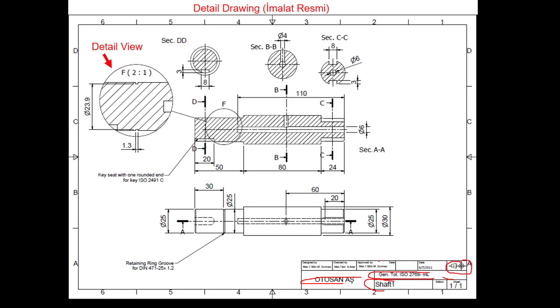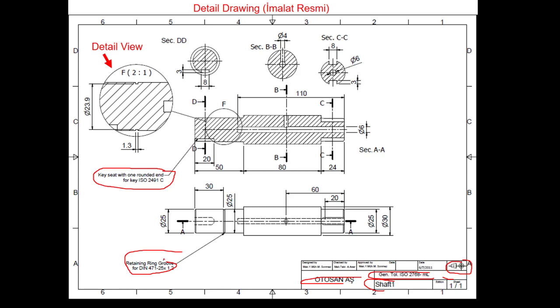Okay, fully filled. And here we have the views, the necessary views, and the dimensions. And technical notes, you see there is a technical note here, another technical note there. As a whole, such a sheet is called a detailed drawing.